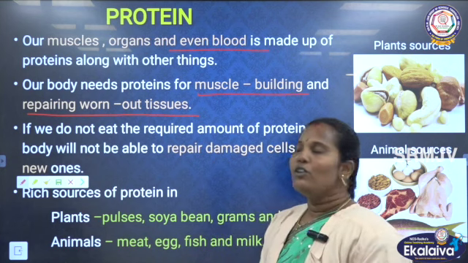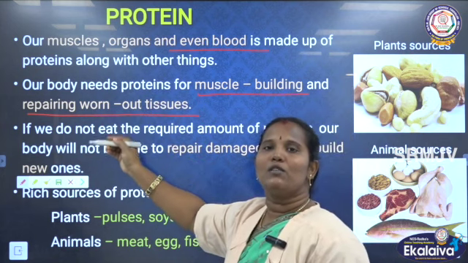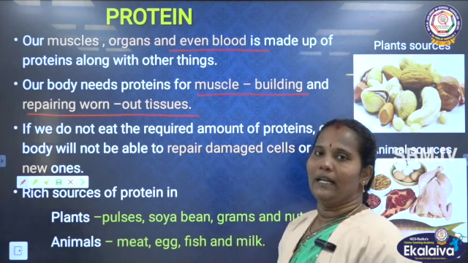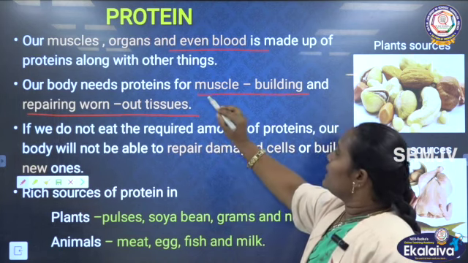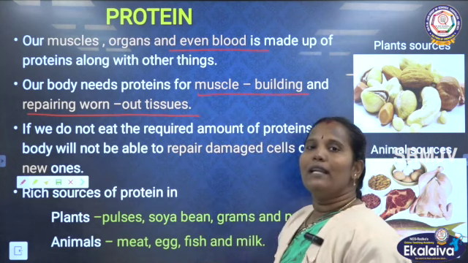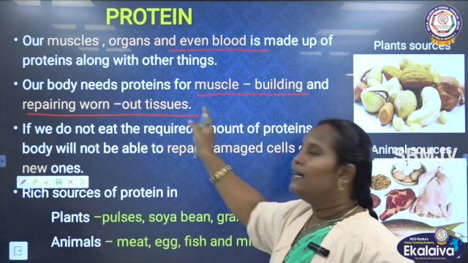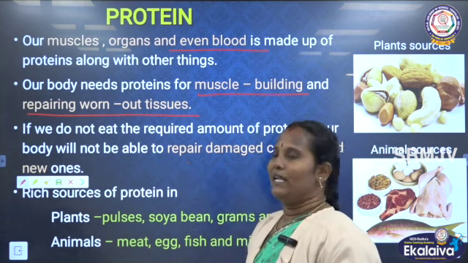Repairing the cells and growing new cells both happen with the help of protein. That's why protein is needed for muscle building and repairing of worn out tissues.